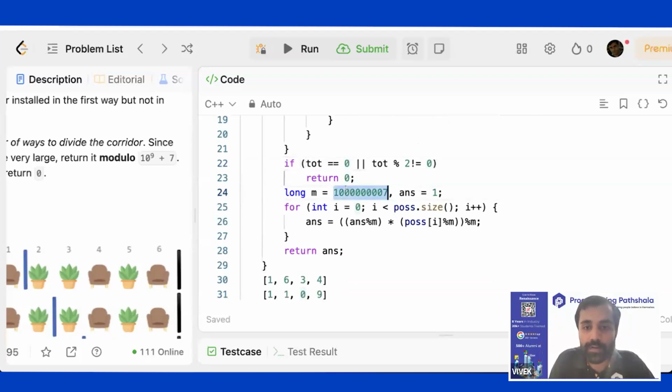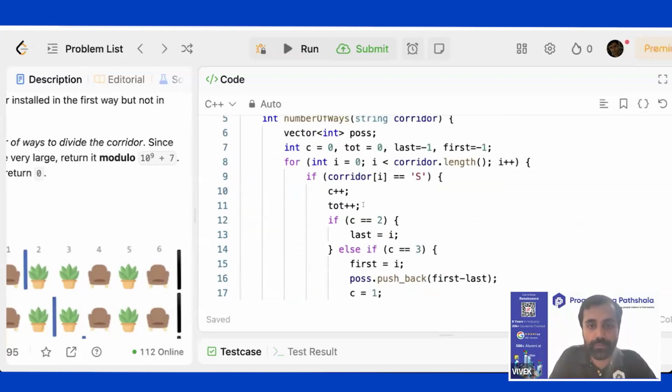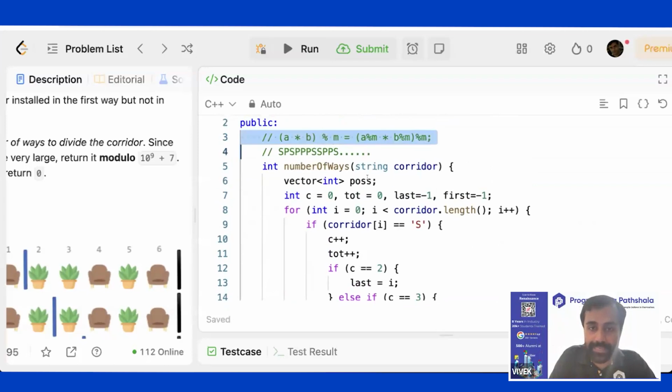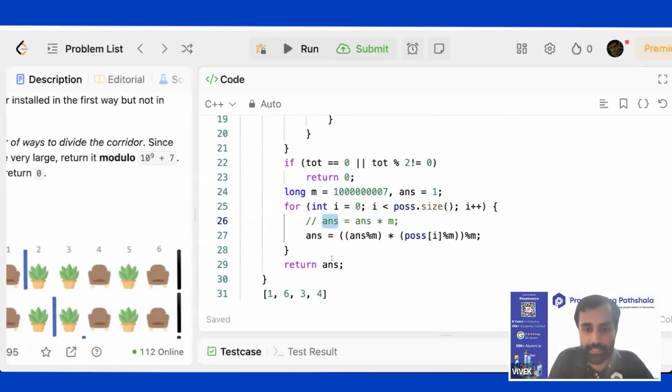And now this is the mod with which we have to take the modulus of the answer. And in this loop, all that I am doing is answer equals answer into the ith element, which is pos of i. But as I told you, I have to use modular arithmetic because I don't have to return the actual answer. If you keep doing this, the answer will overflow, it will become negative and a garbage value.